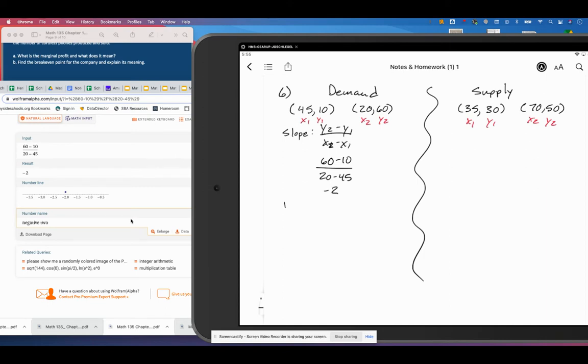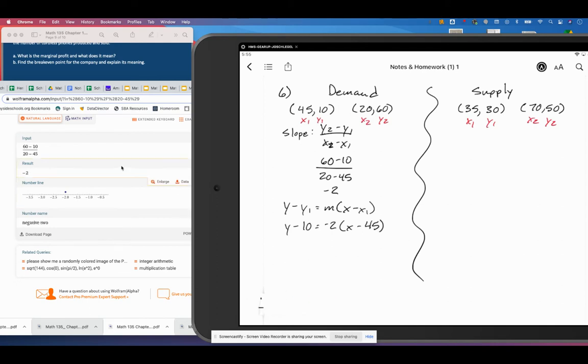So now point slope form, y minus y1 is equal to m times x minus x1. We will have y minus y1 is 10, our slope is -2, and our x1 is 10. And no, our x1 is not 10. Our x1 is 45.